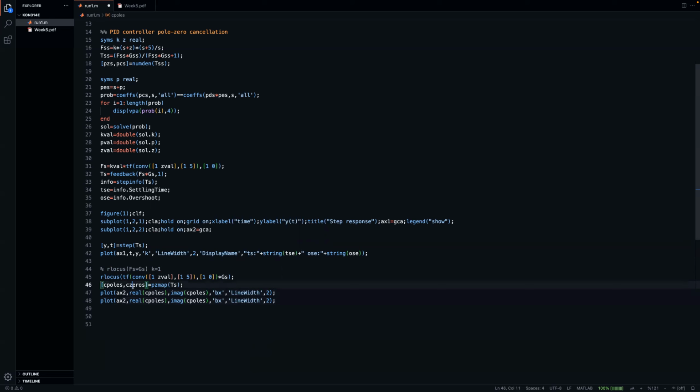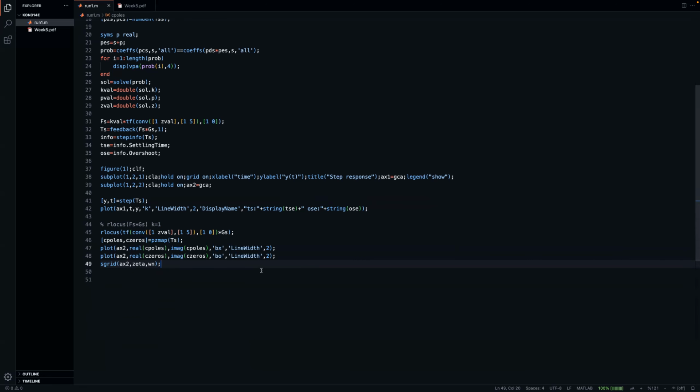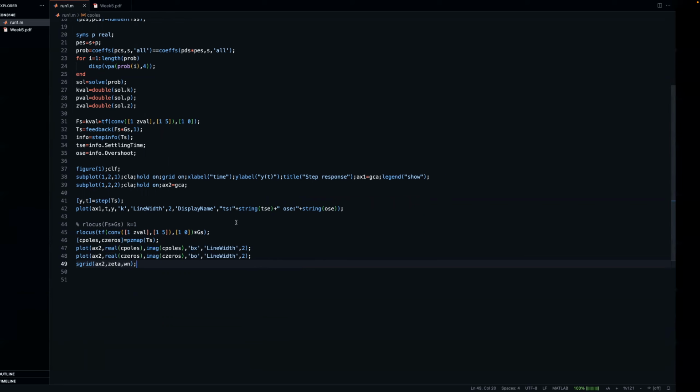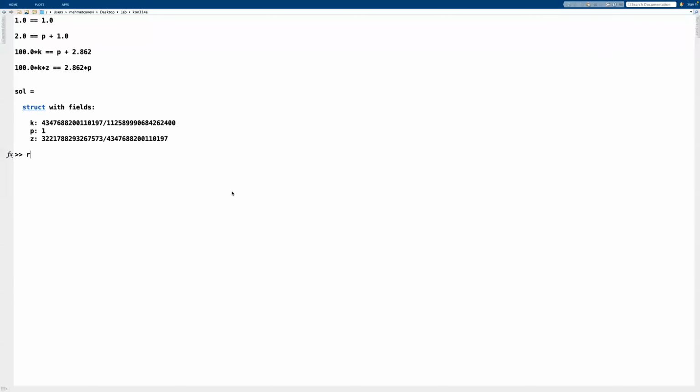The same goes for the zeros. Like this. We could also place in some S grid here, which shows the zeta and omega n values. And yeah, that should be actually it. Let's test this out.